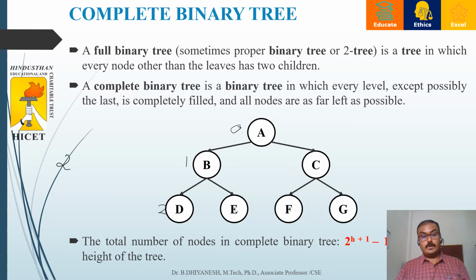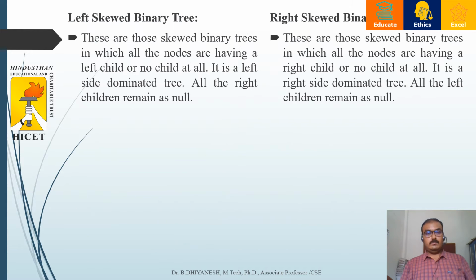So 2 power, the height is 2, 2 plus 1 minus 1. So 2 power 3 minus 1. 2 power 3 is 8. 8 minus 1 is 7. So totally 7 nodes in the complete binary tree. Let me check. 1, 2, 3, 4, 5, 6, 7. So this is a complete binary tree.